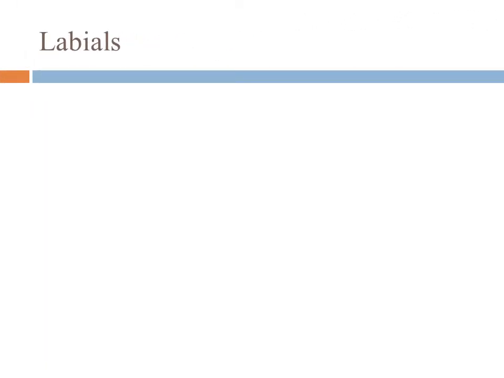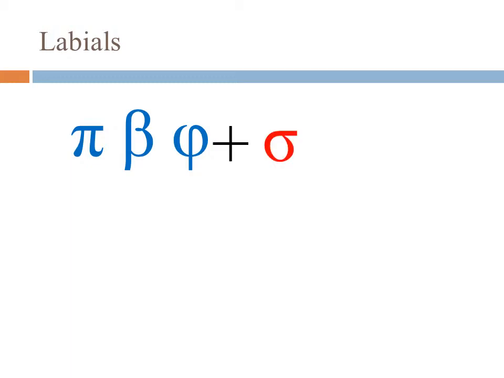Refresh our memory of the square of stops. The labials, pi, beta, phi, if they touch a sigma, the result is a psi. Makes a lot of sense, right? P plus S is ps, psi.